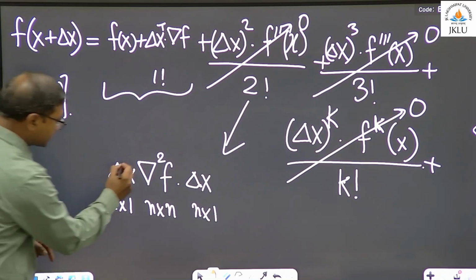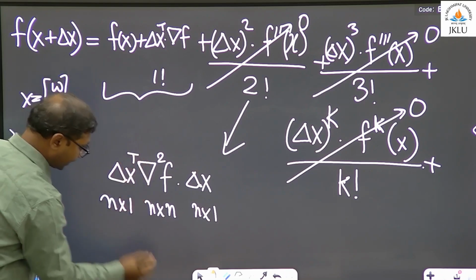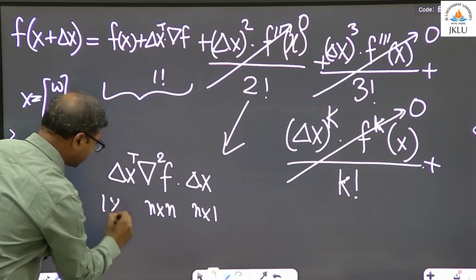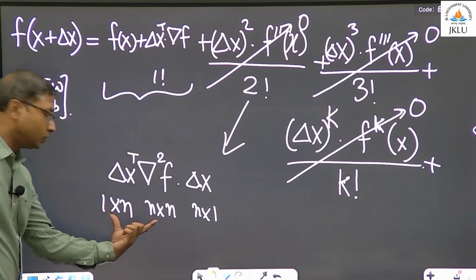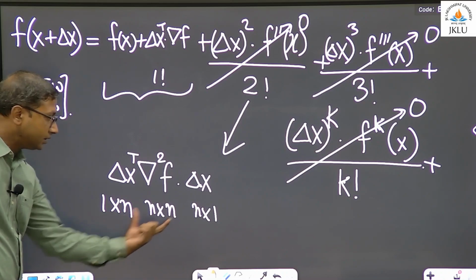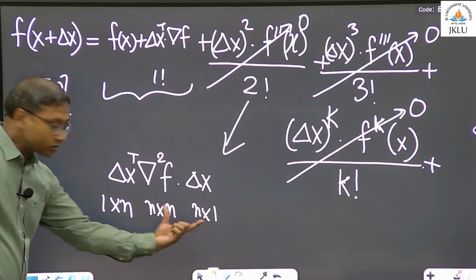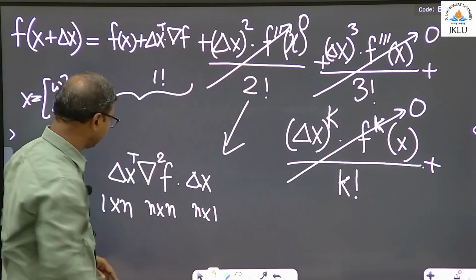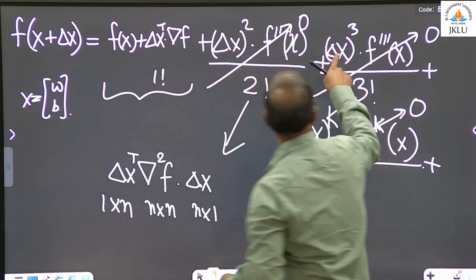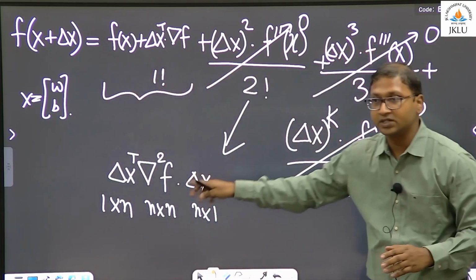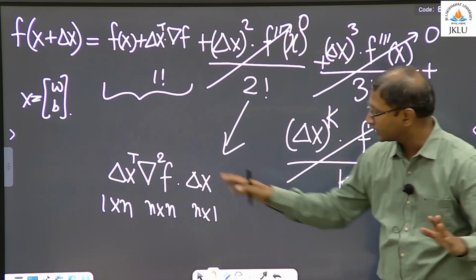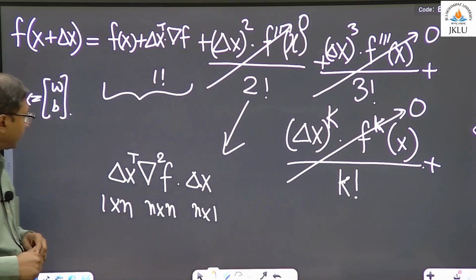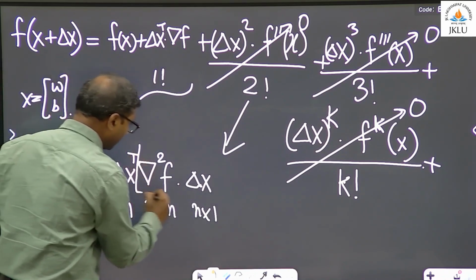If I make this transpose, what I will have is 1 cross n, this gives you 1 cross n, and n cross 1 will give you a scalar, and that is what this quantity is, right. Similarly, you can write all these equations in vector form by keeping transposes at proper places. Okay. What is this quantity?